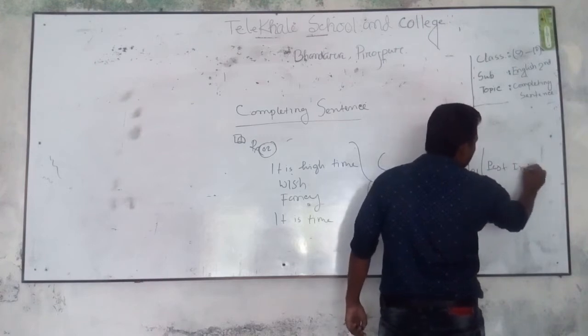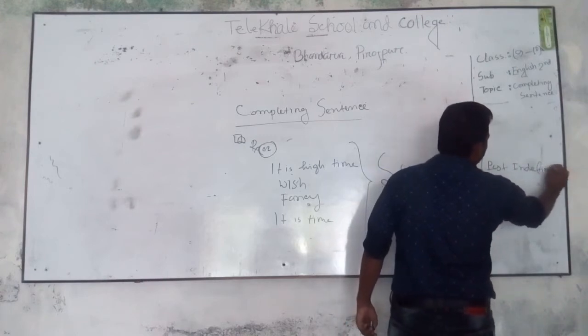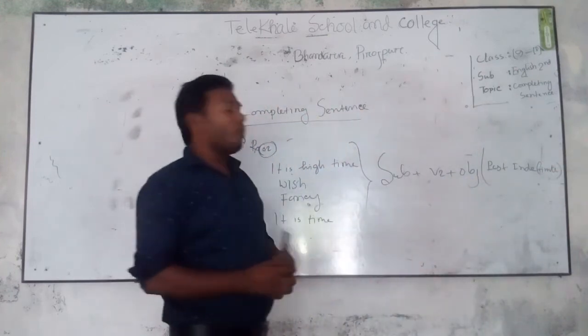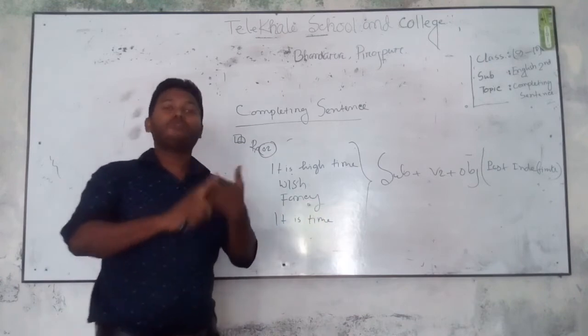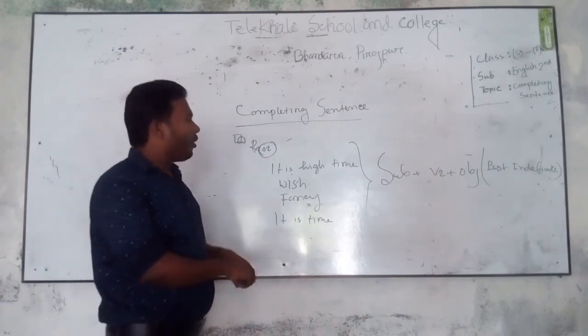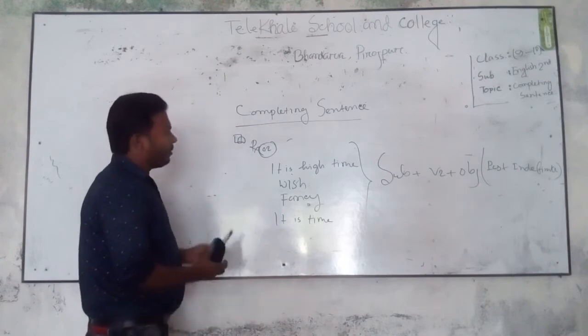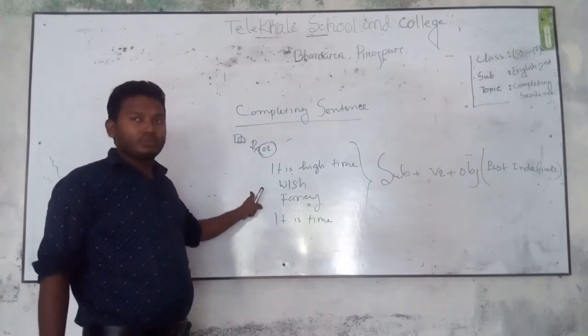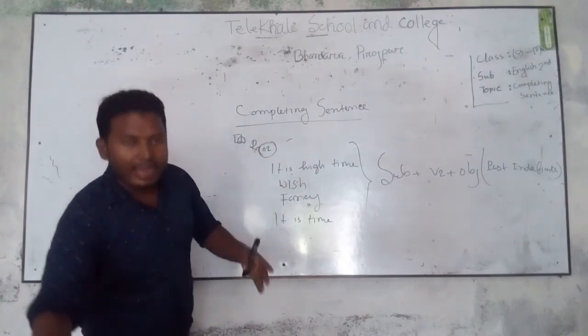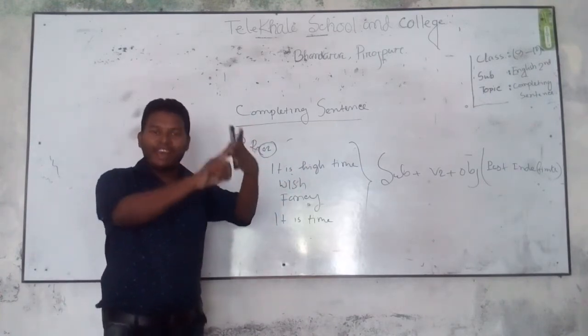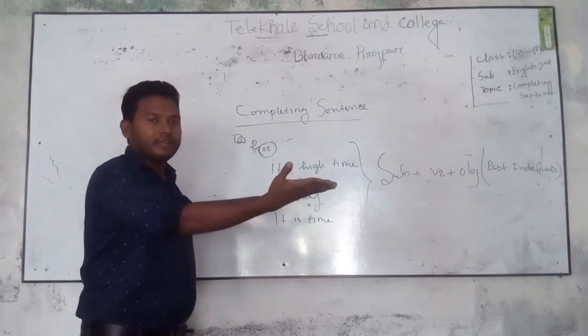Past indefinite tense. What is the structure of past indefinite tense? You know that it is subject plus verb two plus object. So I can write examples. It is the most important rule. It is high time, wish, fancy. That means past indefinite tense.